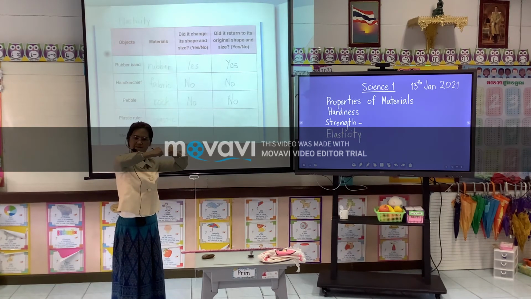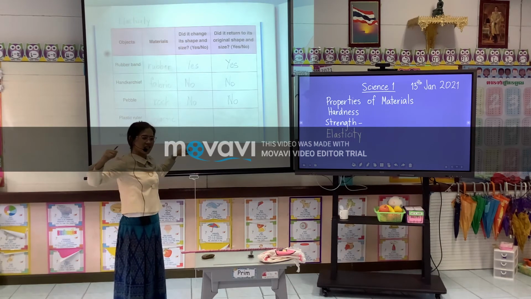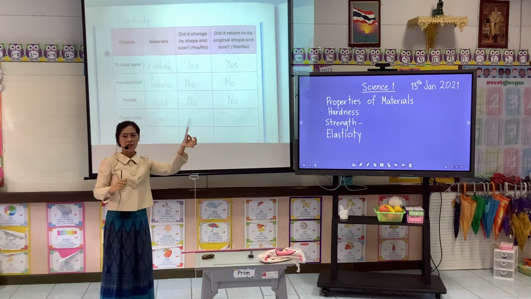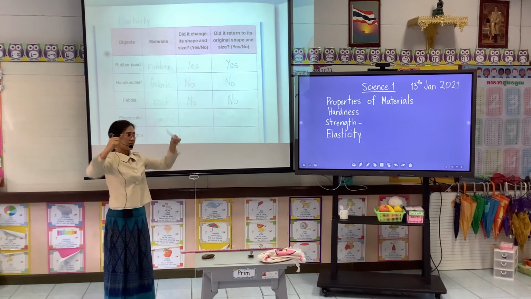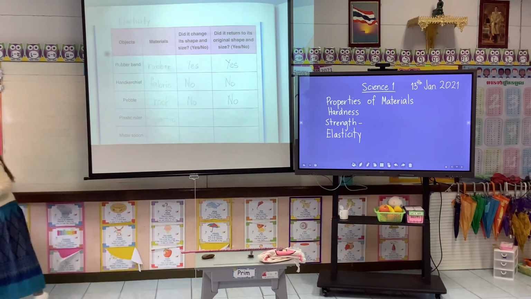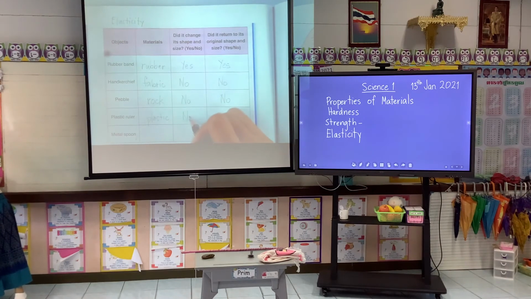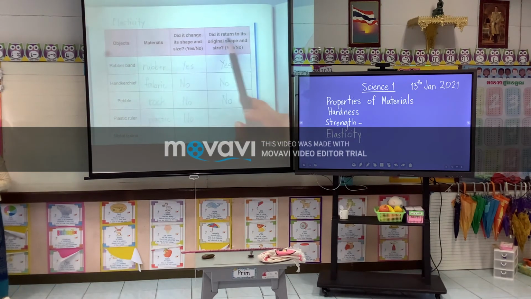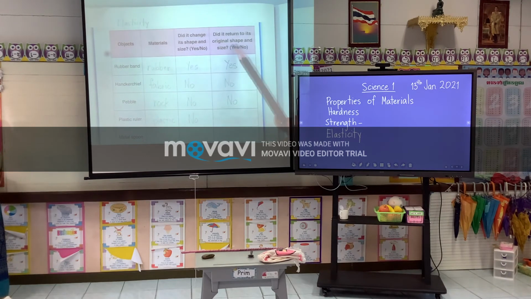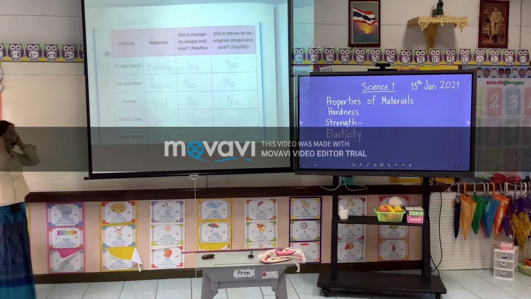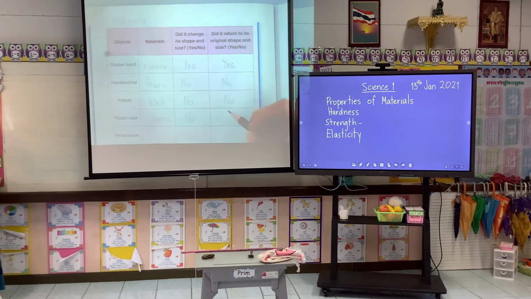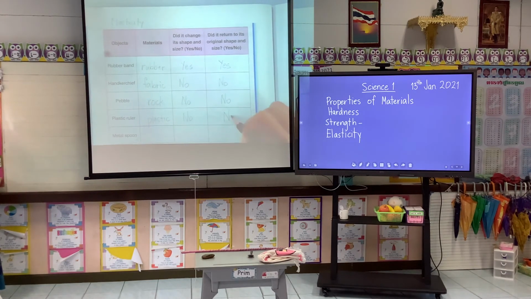Apply force. Did it change its shape and size? No, right? So please write down N-O. Next column: did it return to its original shape and size? Again, nothing changed with the ruler, so we say no.